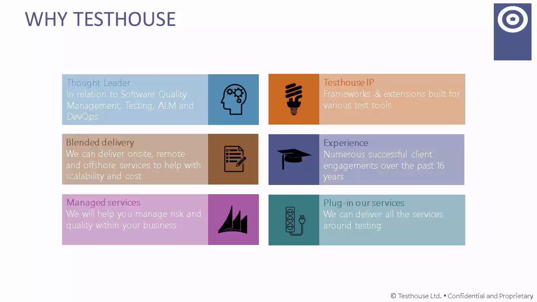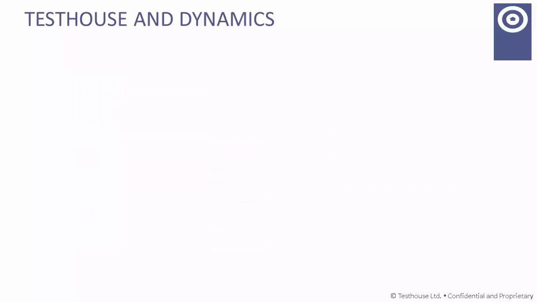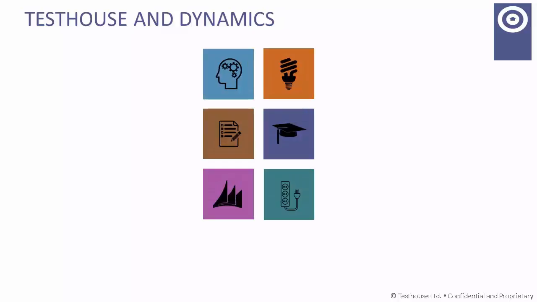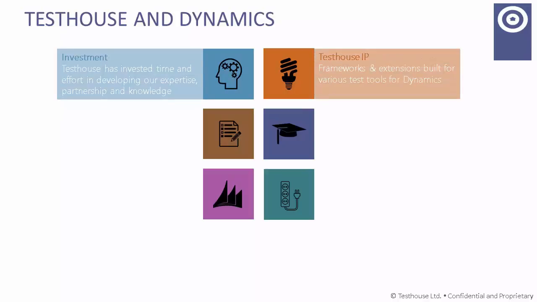That includes a large set of manual test scripts and test cases covering both. I think it's about 5,000 or so test cases that we've got to cover manual testing of CRM and AX. We've then automated a subset of those using various combinations of tools, whether it's Selenium or Coded UI, or Selenium in Java, or Selenium in C#.